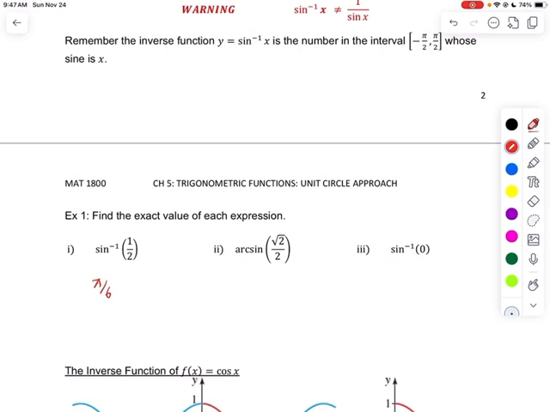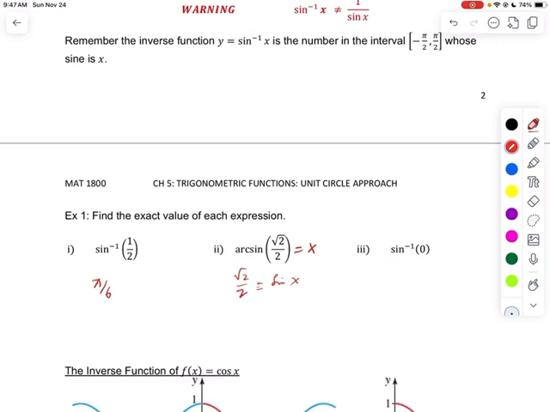So here is 0, here is negative pi over 2, and here is pi over 2. So any value of sine inverse x will lie in this interval negative pi over 2 to pi over 2. If you write a number which is outside this interval, it's wrong.